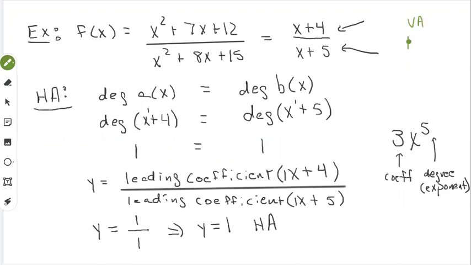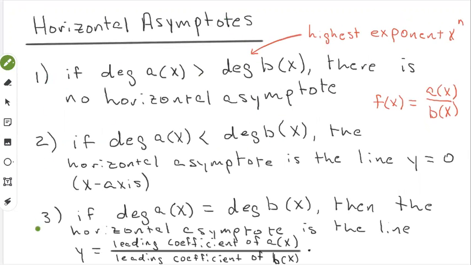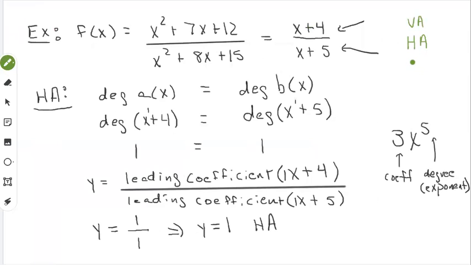We have horizontal asymptotes, where we follow the 3 golden rules, looking at the exponents on the top and the bottom. And we also have the 3rd type of asymptote that we're about to talk about next, called the oblique asymptotes, the OAs. So these are going to be oblique or slanted. And that's what we're going to discuss on the next slide.